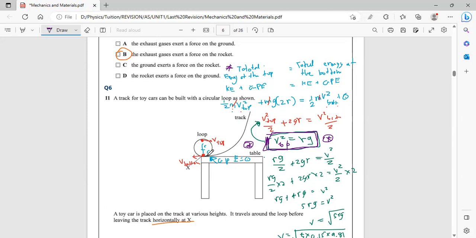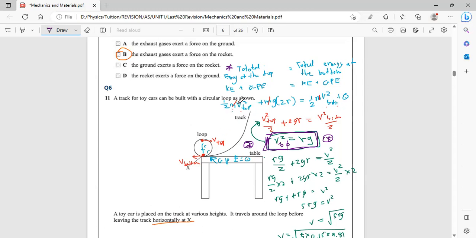And then the car moves down to the level of the table. When the car comes to the level of the table, gravitational potential energy becomes 0 because we define GPE as 0 at the level of the table, and the kinetic energy is there because it's moving.